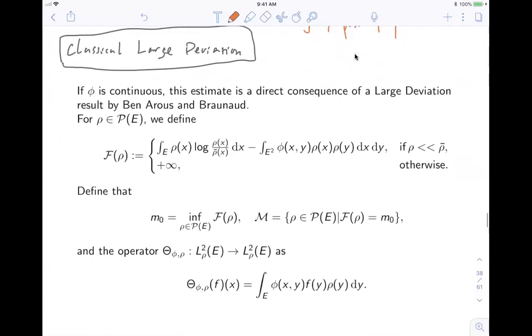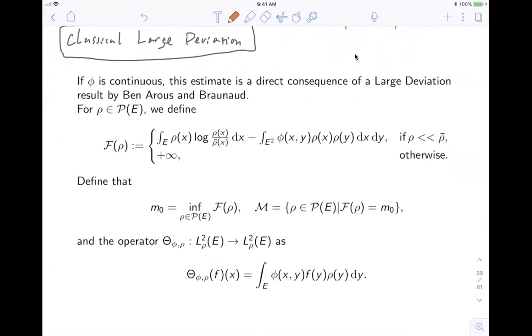So how do we connect with classical large deviations? Let's spend several words on that. It's like the following: rho is a probability measure, so we can define a functional F of rho, and we can find m0, which is the minimum of this functional.